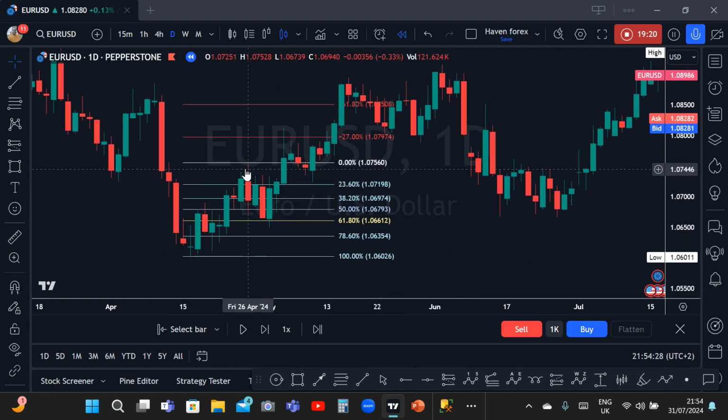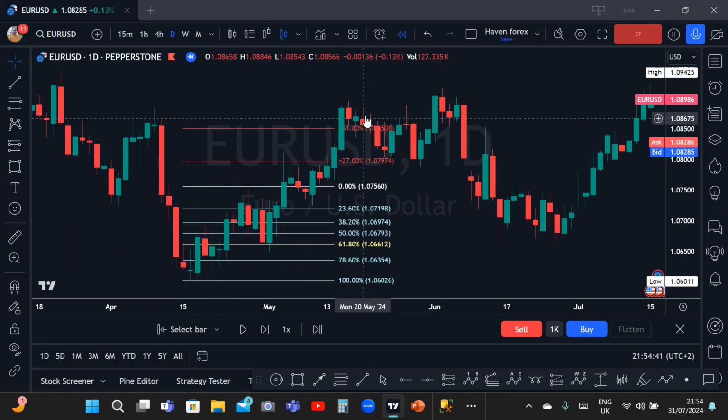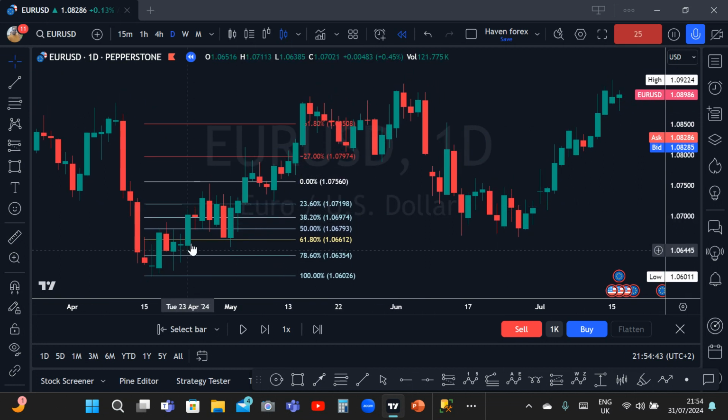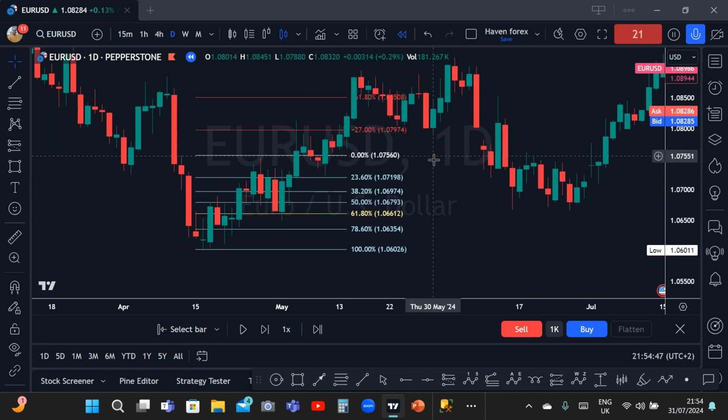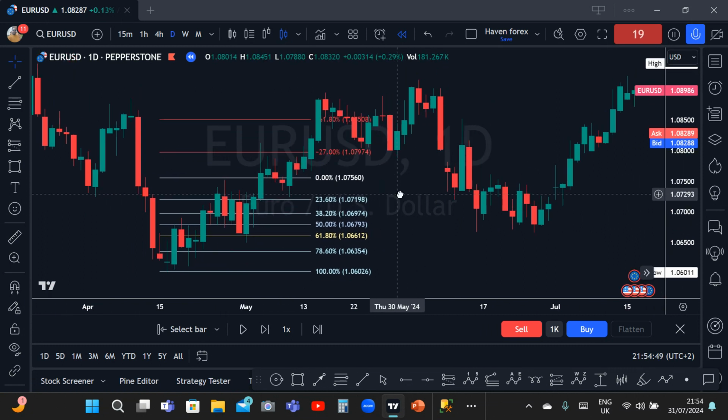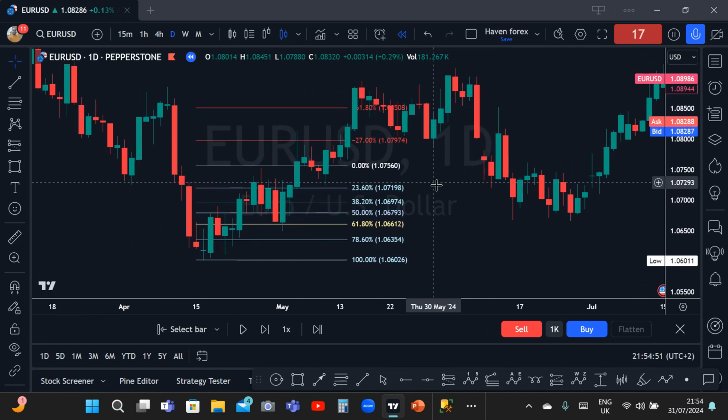Then your 100% is down here, your 0.0% is up where the retracement starts. Then you put your take profit at negative 61.8. So guys, that is how the Fibonacci retracement tool is used.